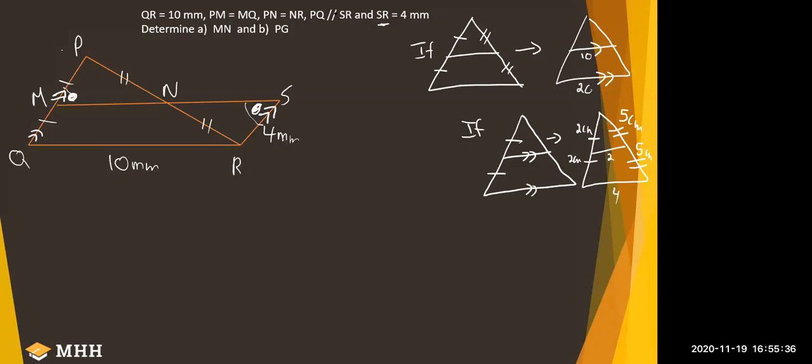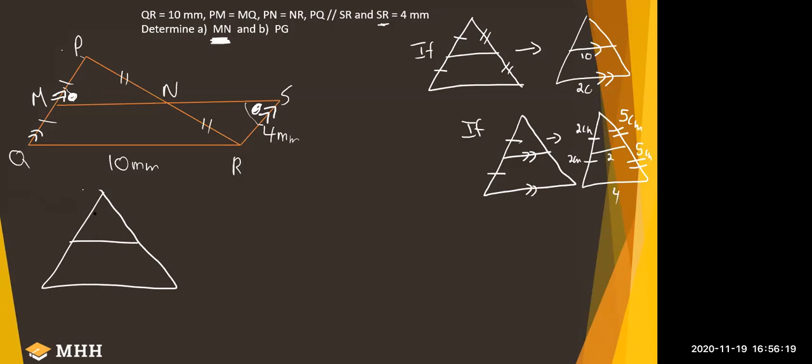Let's go for it. Now, we must determine the length of MN. All right, anyone sees anything? Well, what can I say here? I can say that in this triangle, I'm just trying to look for this type of scenario.